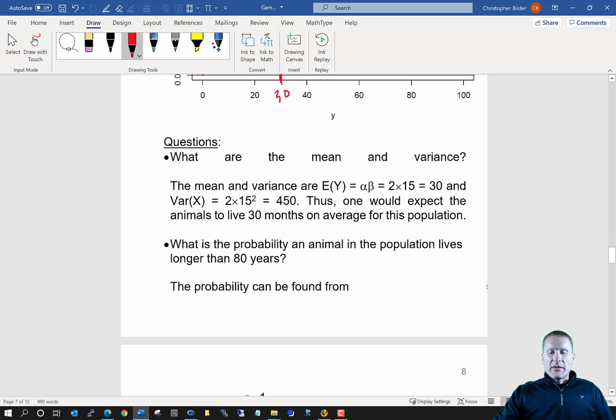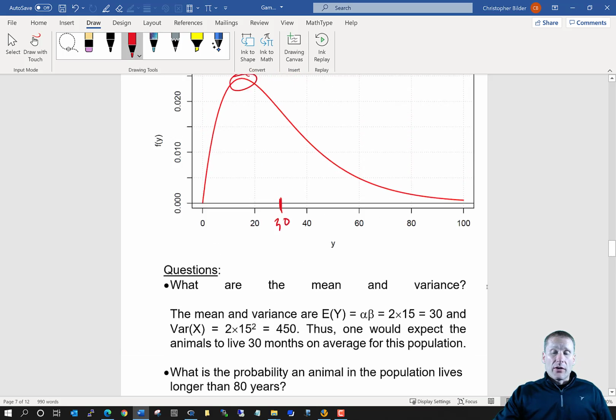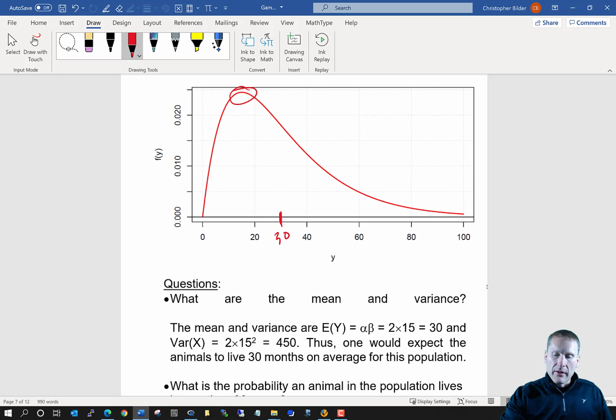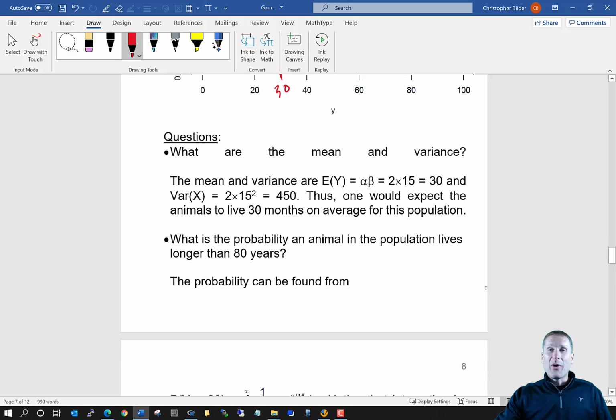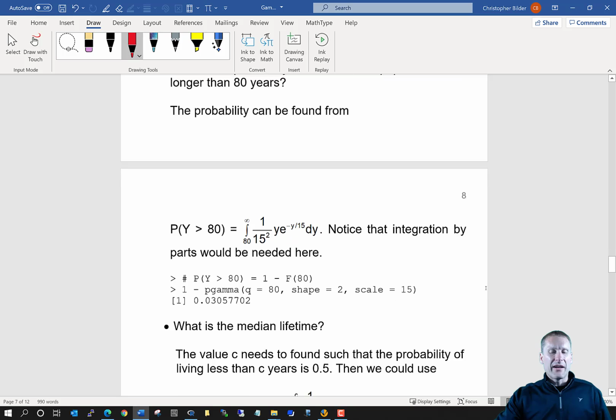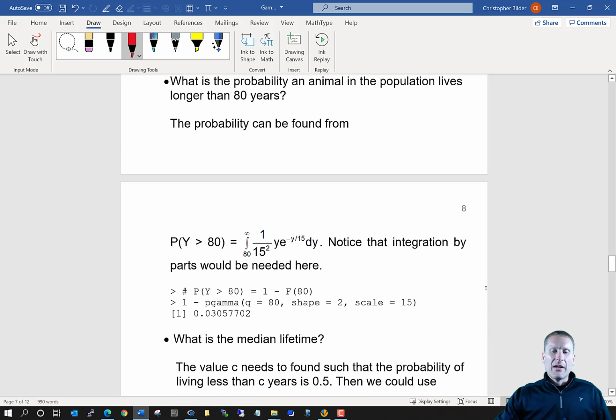What is the probability an animal in this population lives longer than 80 years? Here's that 80, and we can see that's going to be very small. If my calculations gave me something that wasn't small, then I would have to question if my calculations were right. So how would we find this value? We want to find the probability that y is greater than 80. In other words, integrate from 80 to infinity of f of y dy. Or we could turn things around and use the complement.